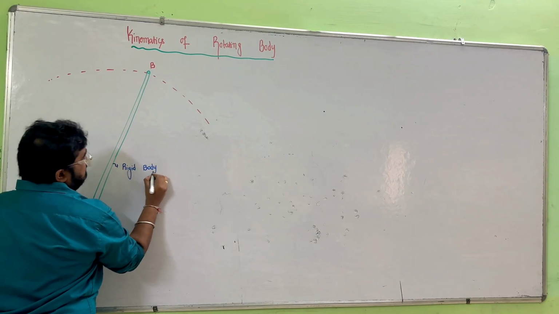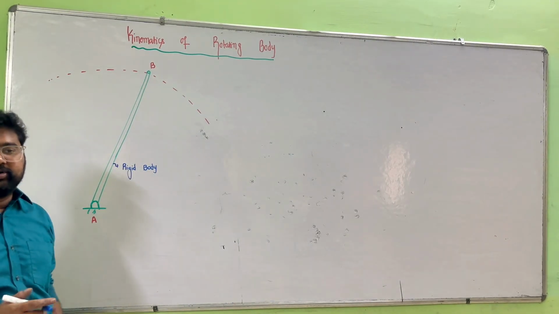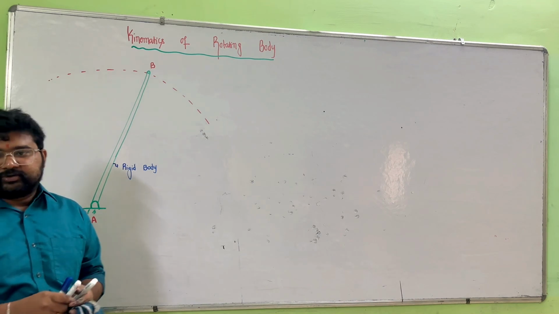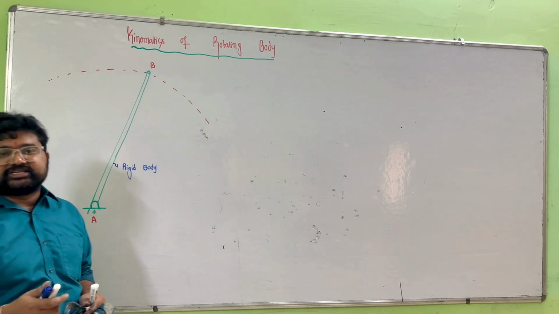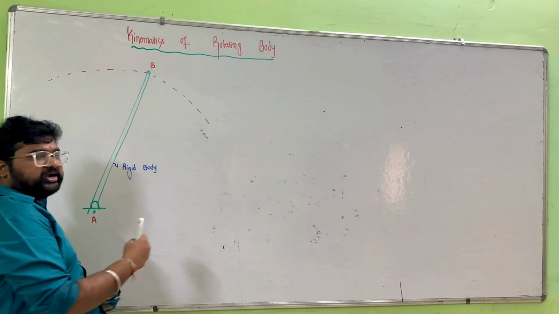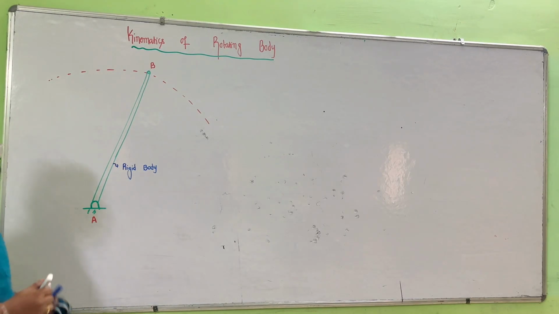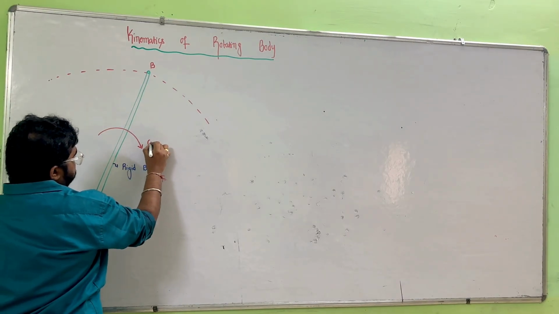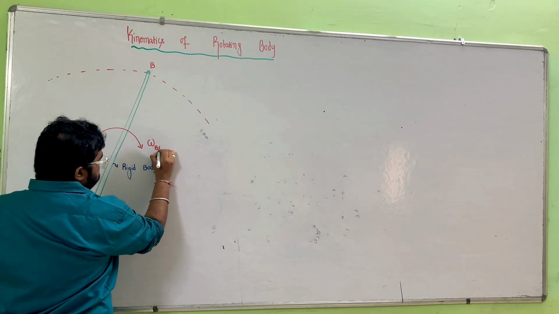We are discussing kinematics of rigid bodies. Up to which chapter? Up to gravitation, all bodies are assumed to be rigid. What is a rigid body? When you apply an infinite amount of force on the body, there is negligible deformation. Clear? So here we can take this as omega, the angular velocity of the link BA.